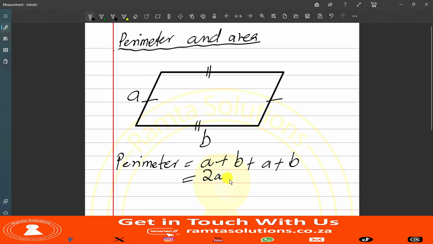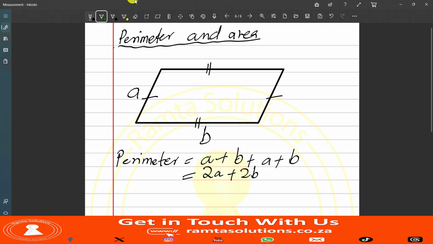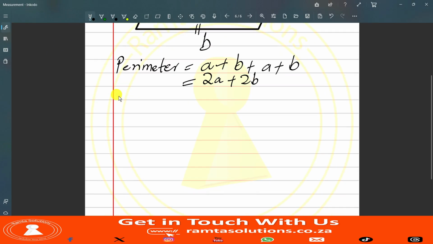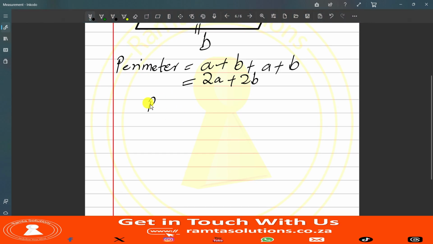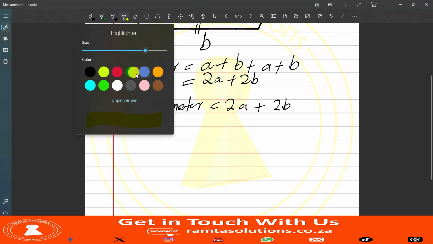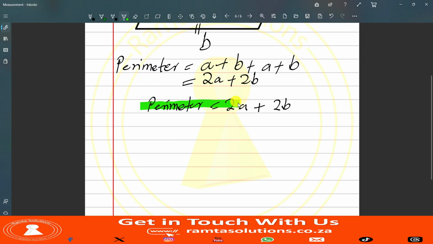Perimeter is 2A plus 2B. Look at it. Doesn't it look like that of a rectangle? It does, right? So let's just say perimeter is 2A plus 2B. Remember, this is if we use letters A and B.